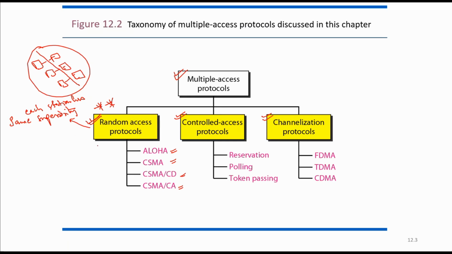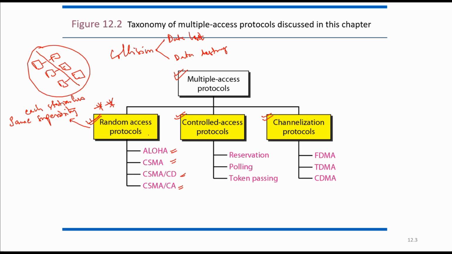So what basically happens is, whenever we are sending data, if more than one station is sharing the same channel, there is a possibility of collision, which we have already seen. In a collision, the chances are that either the data is lost or data is destroyed. To remove that, there is the first method, that is the random access protocol.